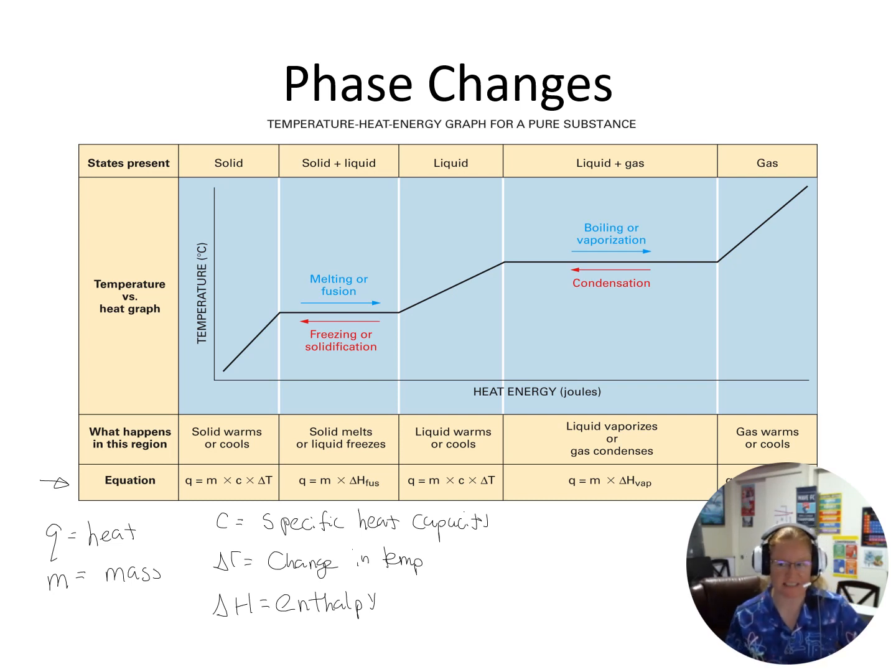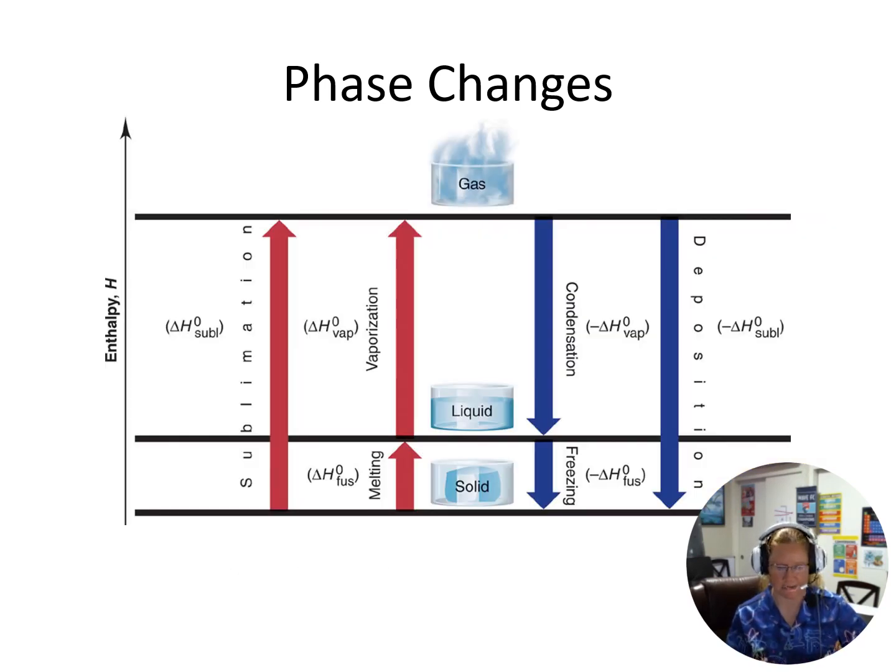How much energy does it take to get the phase change to go? Once my phase change is done, I'm back to my mc delta T again, where I use my specific heat capacity and change the temperature. Then once I get to the next phase, once again I use that delta H.